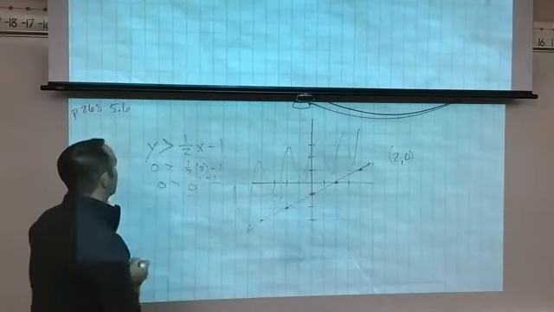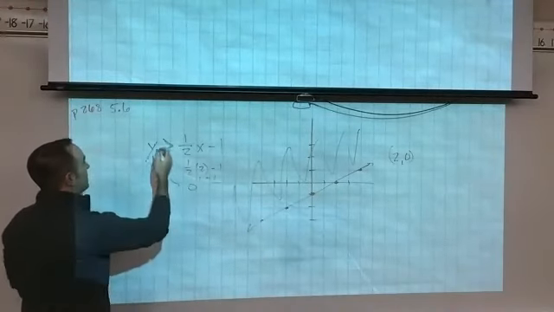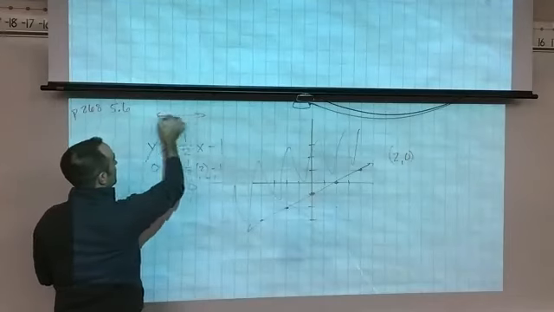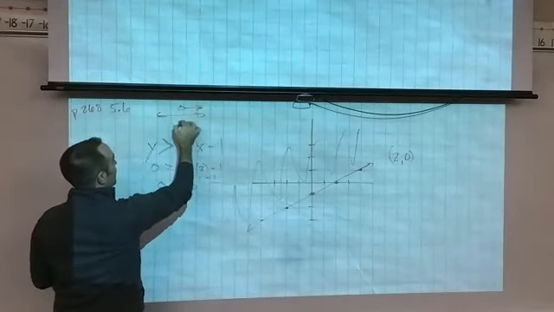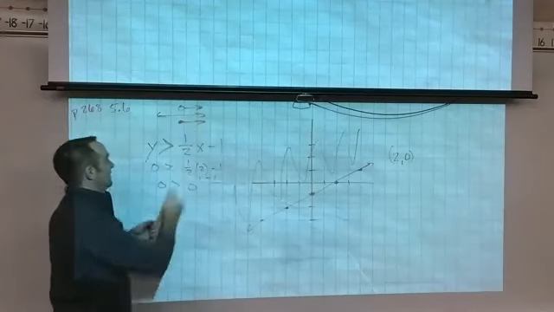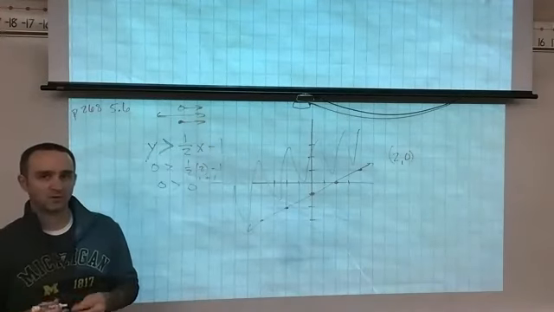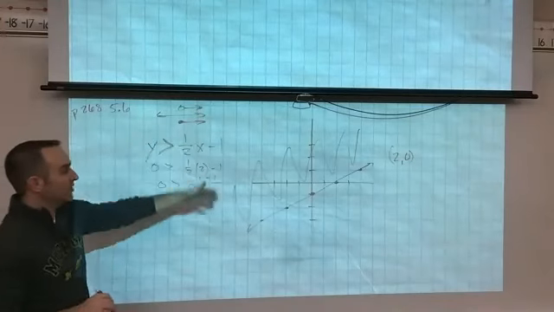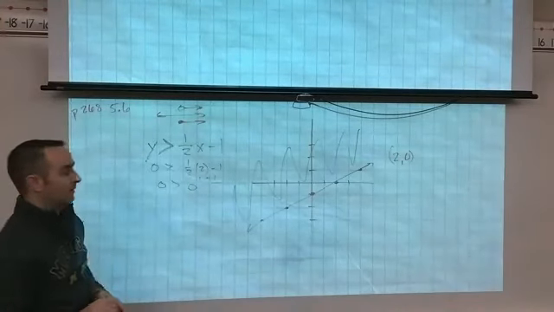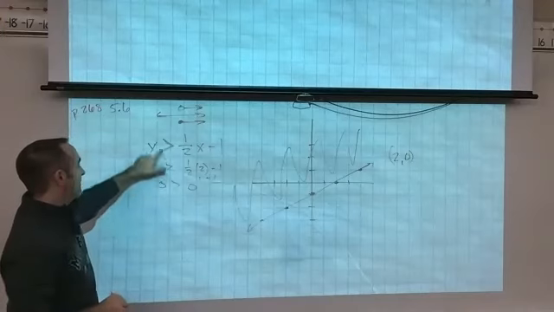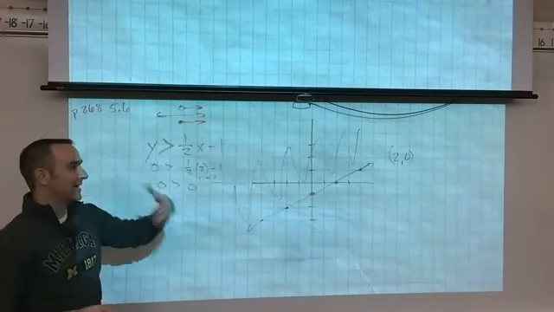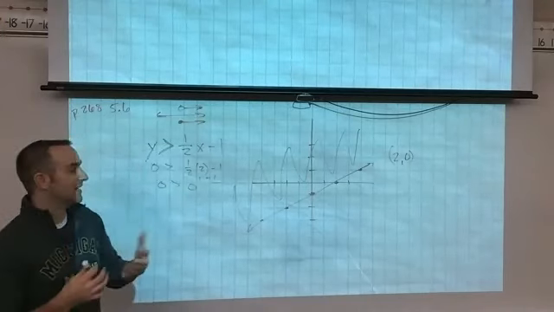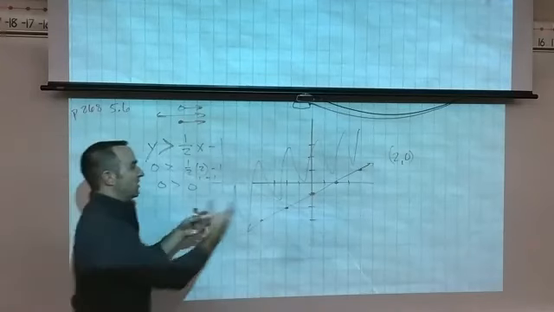Remember when we were graphing those number line inequalities, we had either a solid dot or an open circle. We had two different ways to look at it. We're going to do the same thing here. When we have a greater than, so it's not or equal to, we need to change the way our line looks.